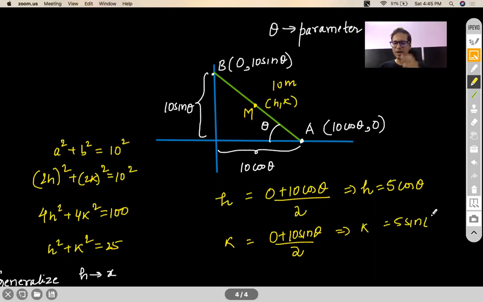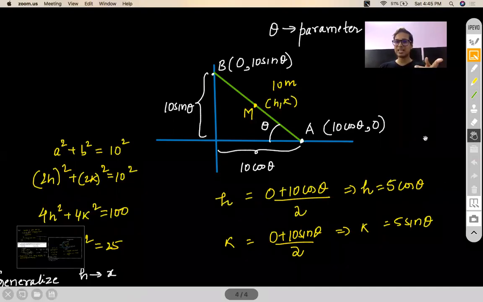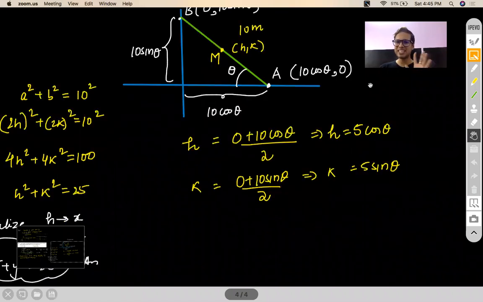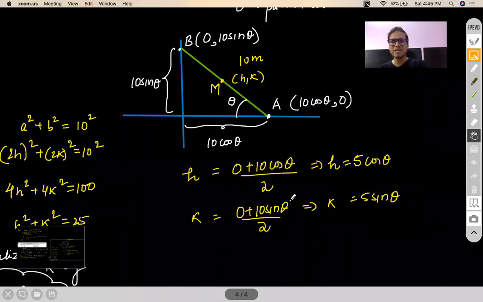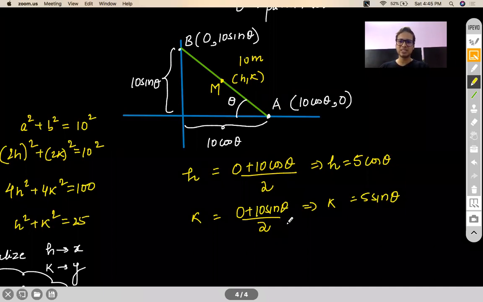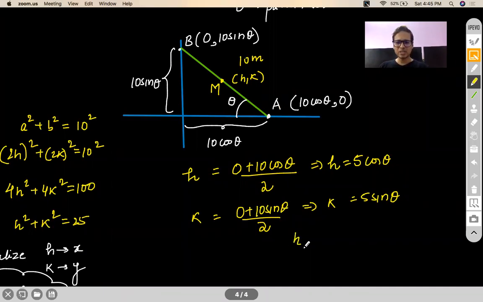Now I have to strike a relationship between h and k, thereby eliminating any parameter involved. So theta I want to get rid of, and at the same time I want to link h and k. So I'll first write cos theta as h by 5, sin theta as k by 5.